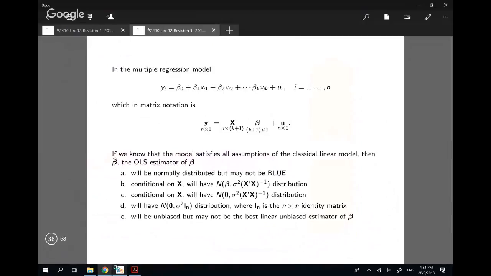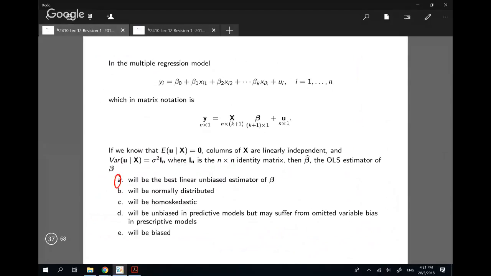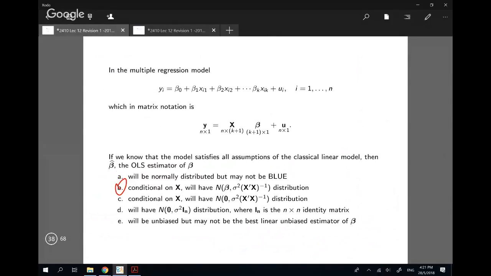Answer is? Conditional on X will have a normal distribution, where the mean is beta, and that is the variance. B. Okay, that's B. All right, good.